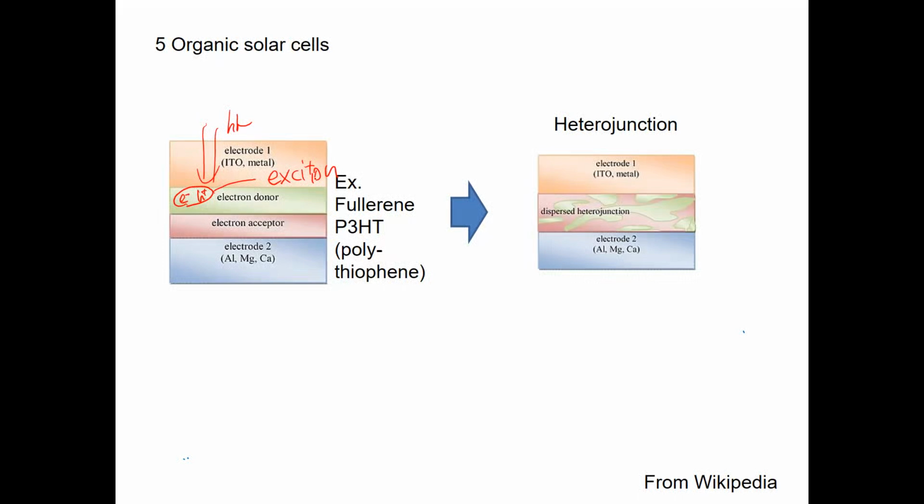Of course, electrons and holes have positive and negative signs, and they have some interaction with each other even under the excited condition, and they move together and come to the interface.